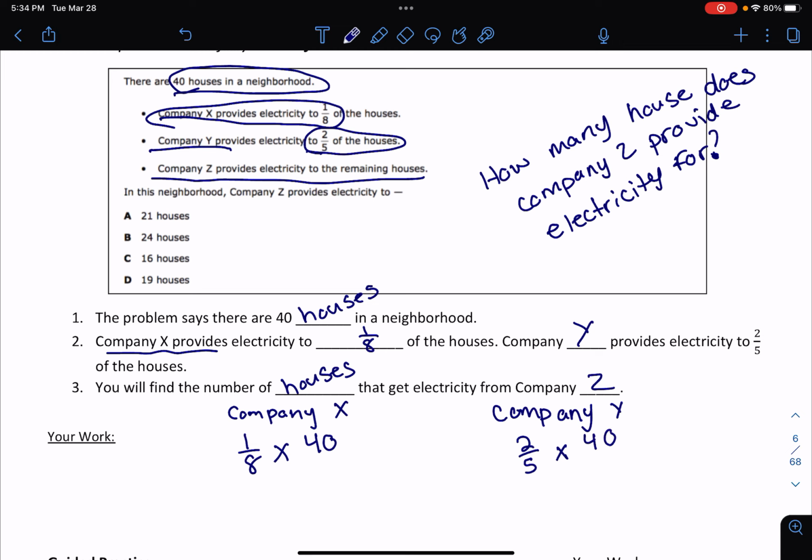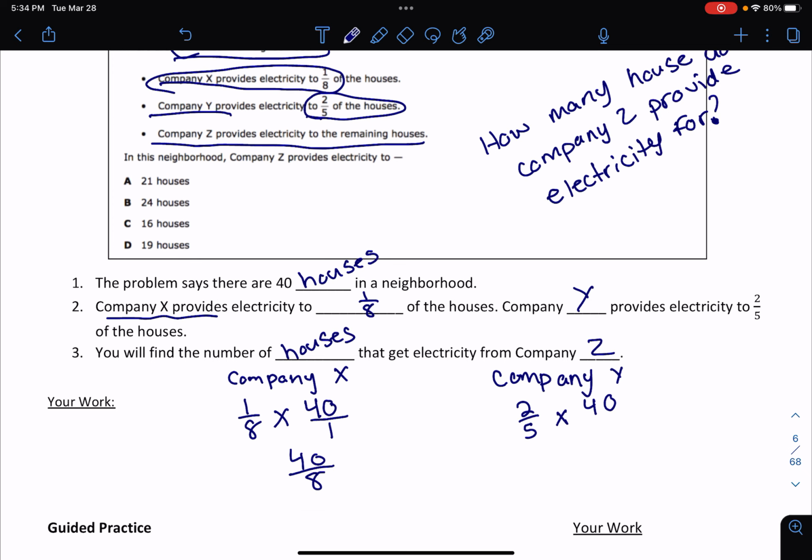So now we're going to go ahead and multiply. And in order to multiply a whole number times a fraction, we have to turn that whole number into a fraction by putting a 1 under it. So 1 times 40 is 40. 8 times 1 is 8. Okay.